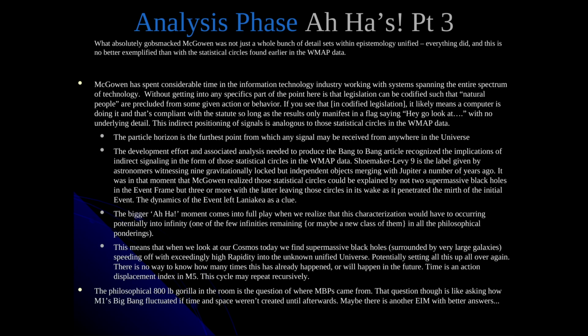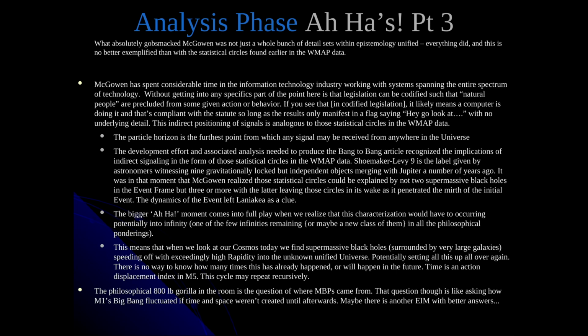And if we take that same idea and then go back and look at the WMAP data, and then we put that in the context of the Bang to Bang article that we wrote, what we find is that the WMAP data has statistical circles in it that's forcing those guys to scratch their heads. They don't know where those statistical circles came from. And in an M1 context, they make no sense.